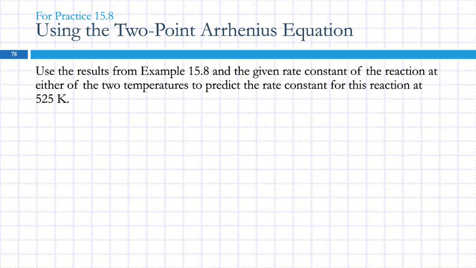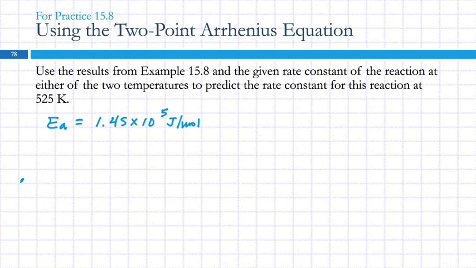Use the results from example 15.8 and the given rate constant at either of the 2 temperatures to predict the rate constant for this reaction at 525. Oh, I thought I had written it down like last time, but no. So EA was, let's just use what we had, 1.45 times 10 to the 5th joules per mole.